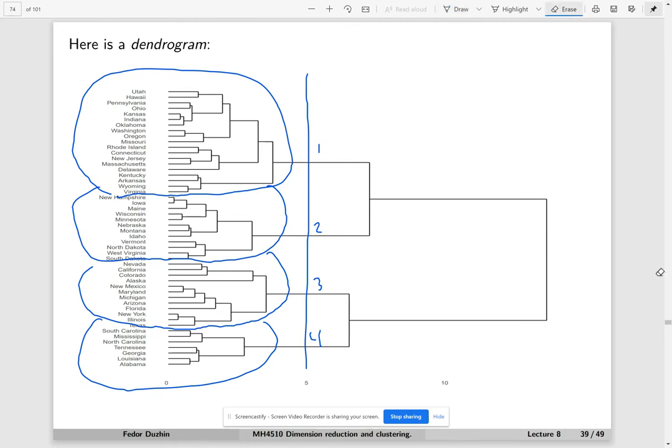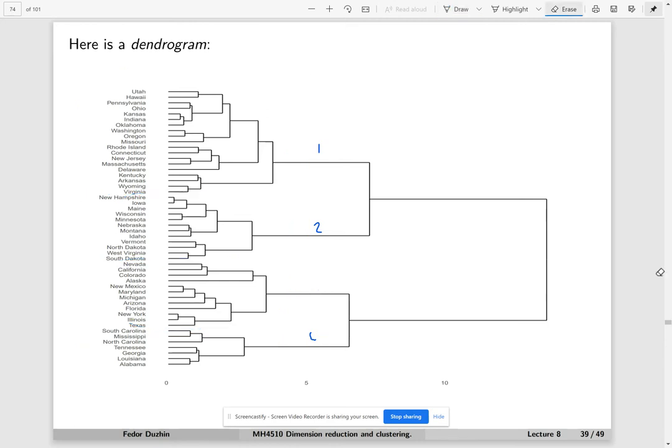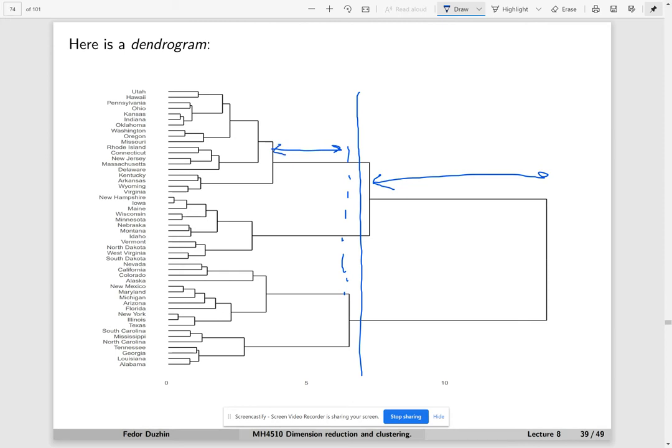Now, what if we wanted to have 3 clusters? For 3 clusters, we could split our data here, but the problem is that there is quite a large interval along which we would get 2 clusters, and there is also a large interval that allows us to get 4 clusters.